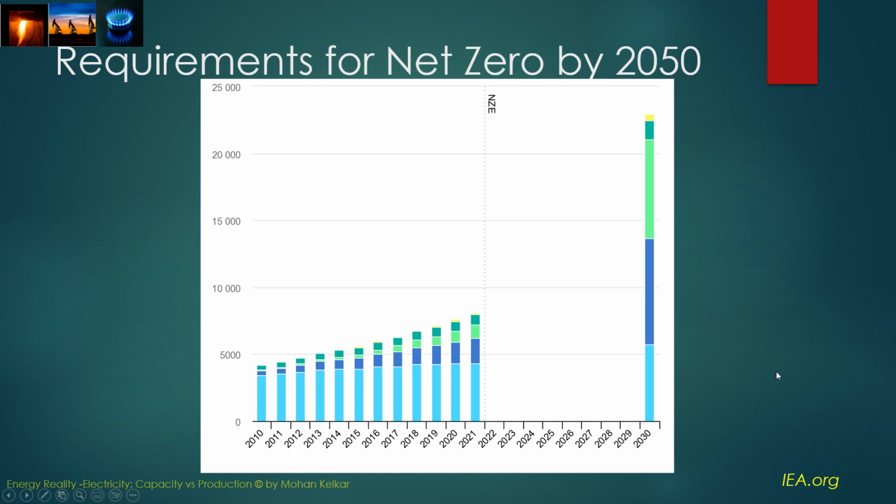Knowing that the capacity factor for wind and solar is approximately 20% worldwide means that if you want to increase the electricity generation from renewables threefold in the next 7 years, we'll have to increase the capacity 15-fold.